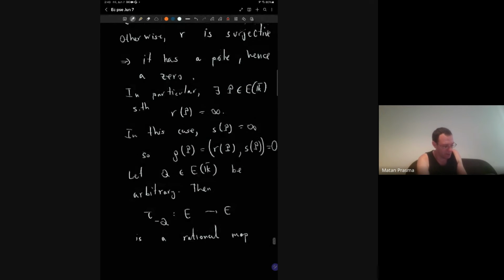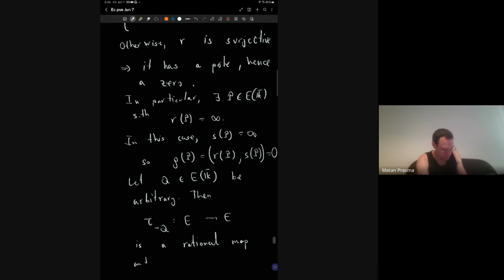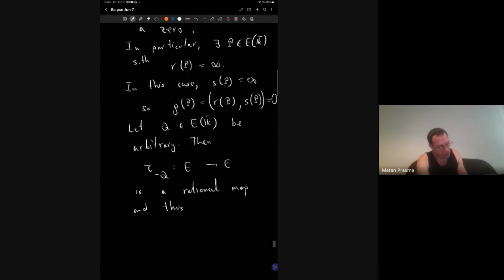And thus, you take translation by minus Q and you compose it with rho. Rho is a rational map.